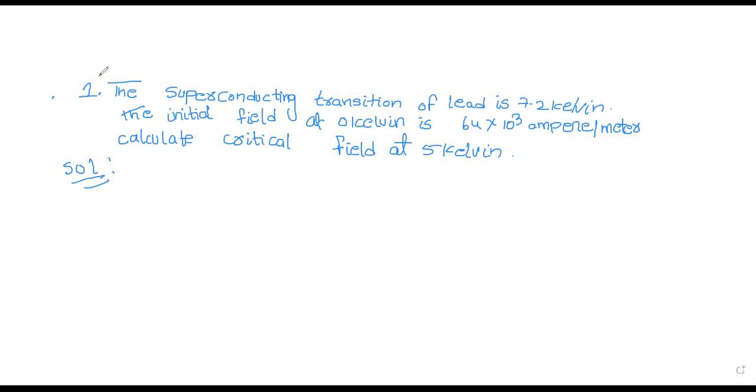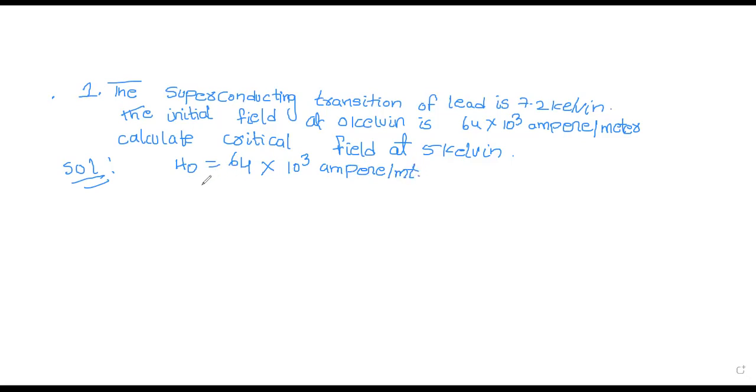So how do we calculate this? First of all, we need to write what is given. Here H naught is given at 0 Kelvin: H naught is 64 into 10 to the power of 3 ampere per meter. You need to write what is given first in the numerical. What else is given?